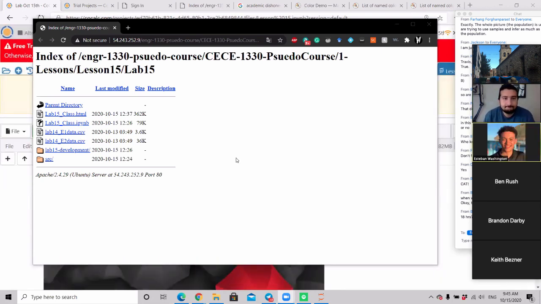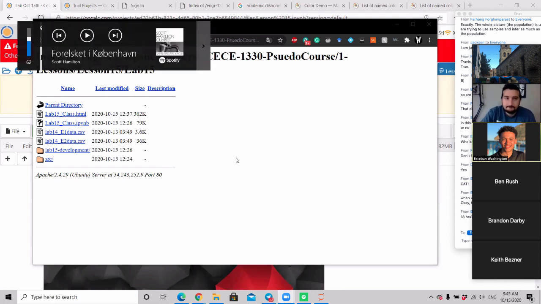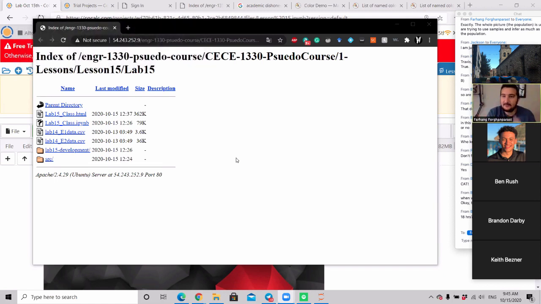Does it matter where they're downloaded? Because I have them in a separate file for 14. They're exactly the same file, so as long as you have them in your working directory, you're fine. Are you using CoCalc? Yes. Then you should have this in the folder that you're running your Lab 15 notebook.